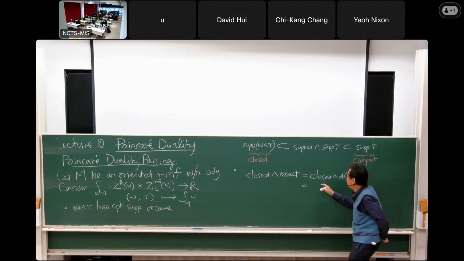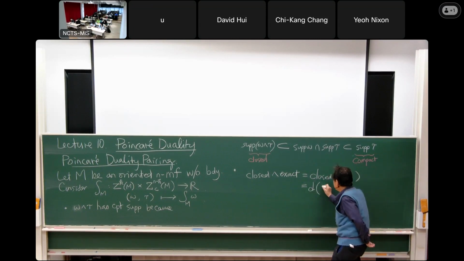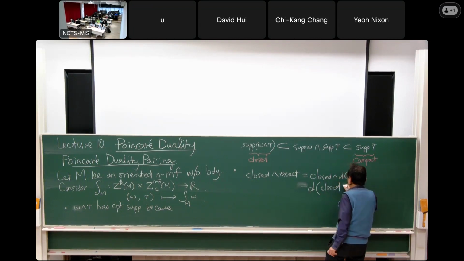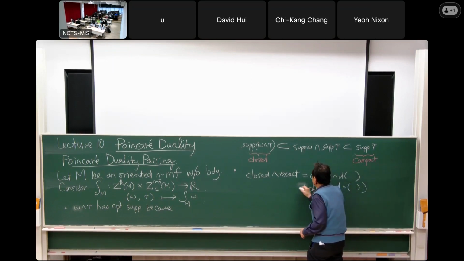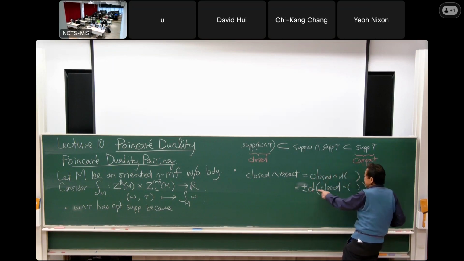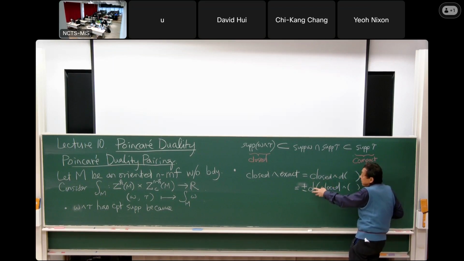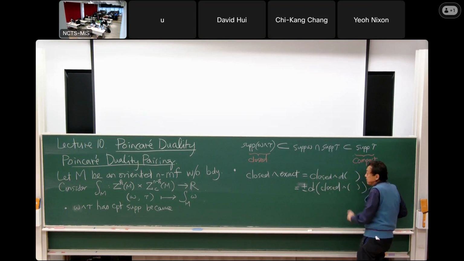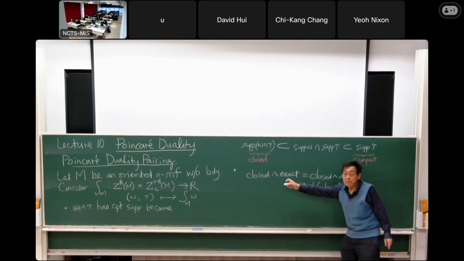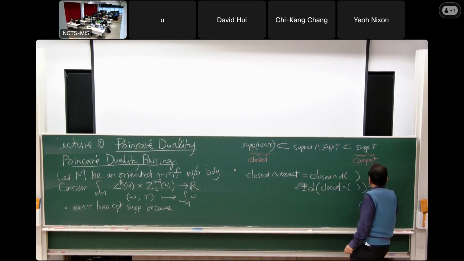It should be exact because that's the same as d of closed wedge something, right? Oh, there might be a sign, okay? Because when you take d of a wedge product, you have this anti-derivation rule. So you get d of closed, that's 0. So the first term is 0. Then you get a sign times closed wedge exact, okay? So closed wedge exact is always exact.